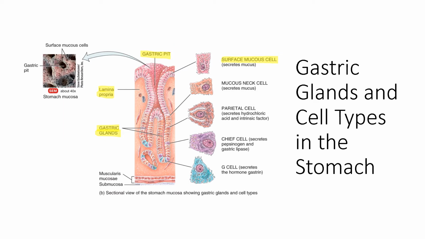So the gastric glands contain 3 types of exocrine gland cells.